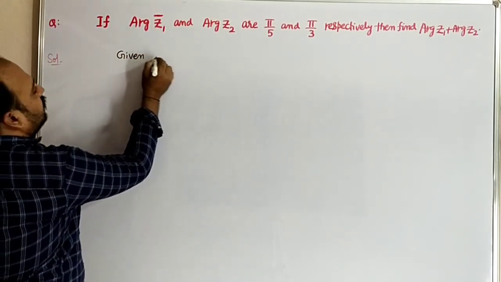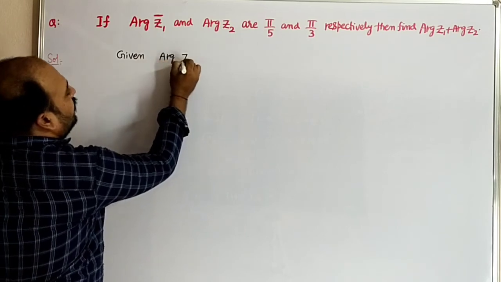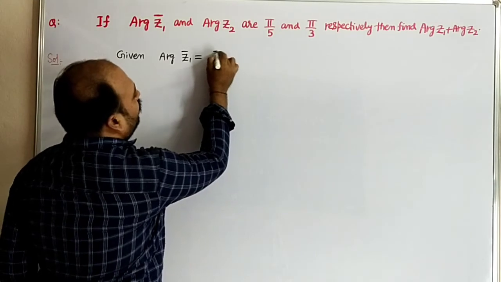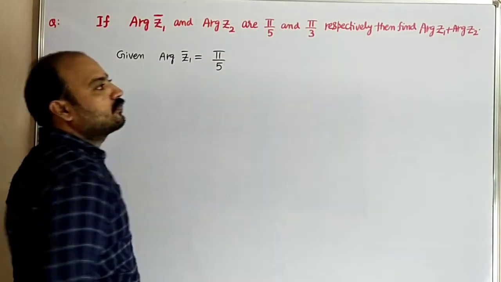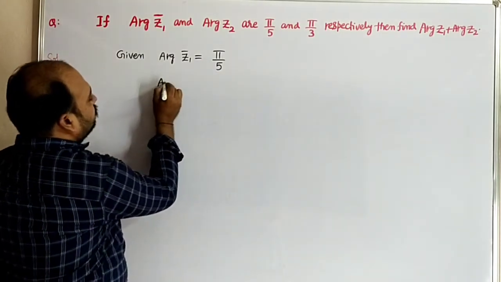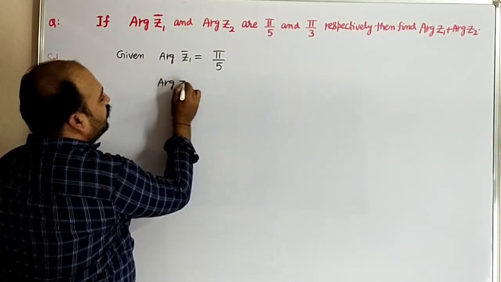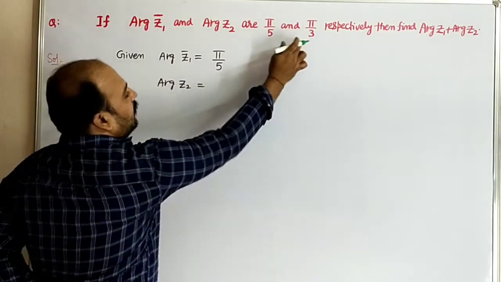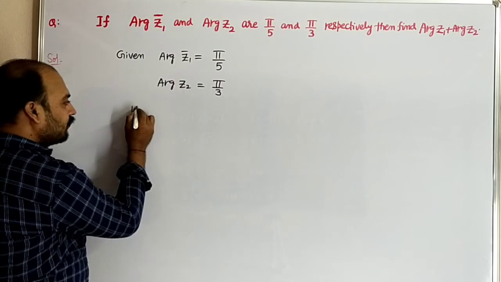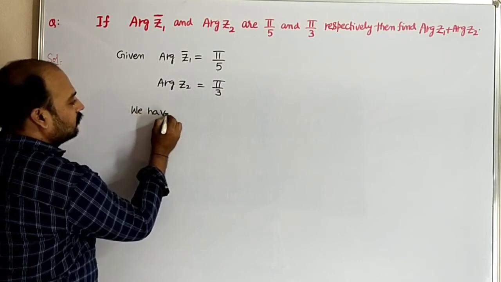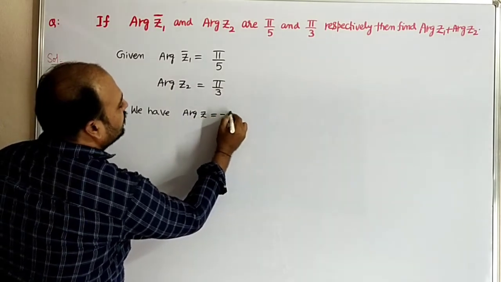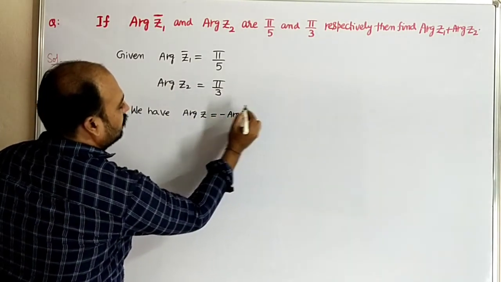Given argument of z1 bar is equal to pi by 5 and argument of z2 is equal to pi by 3. We have a formula: argument of z is equal to minus argument of z bar.